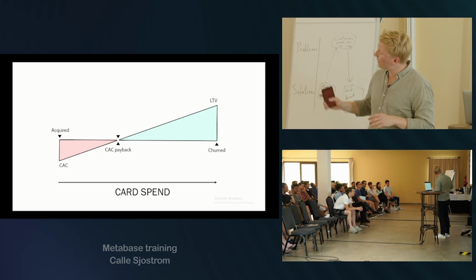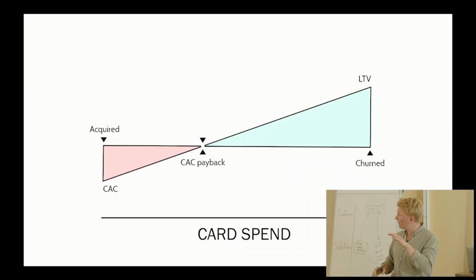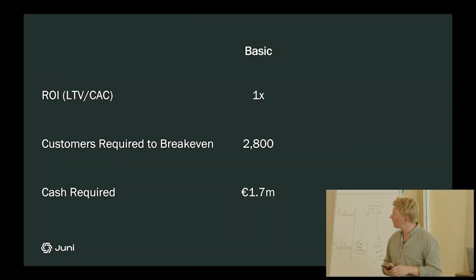So in our case, we need to make sure that our unit economics start becoming positive by adjusting these three levers. We can either reduce our customer acquisition cost, we can increase the card spend, or we can make sure that customers stay longer on the platform. And this has some pretty big implications if we look at the type of customers that we serve.